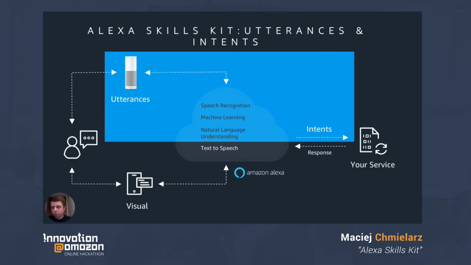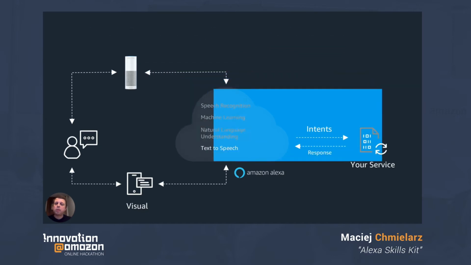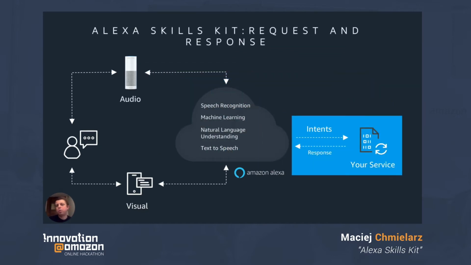This processing happens in Amazon Alexa in the cloud, and as a result of this processing, an intent is created: a structure that contains all the information that your skill needs in order to process the input. This intent is passed to your service.